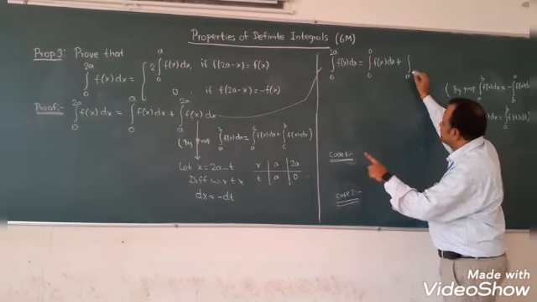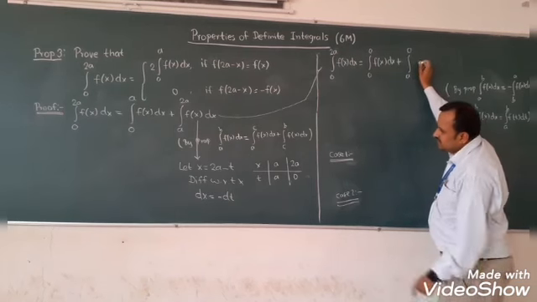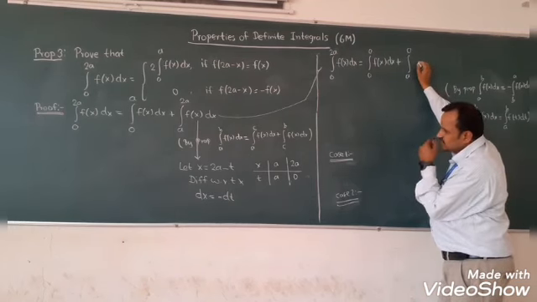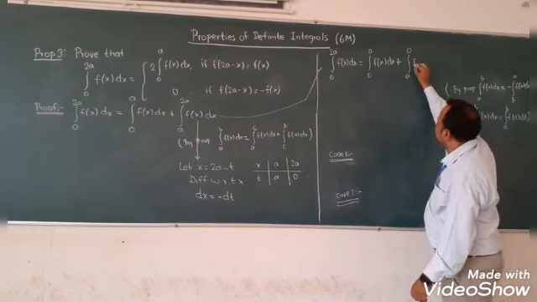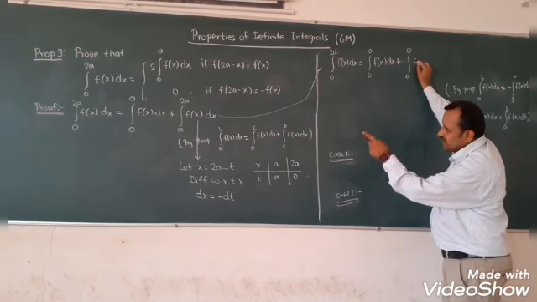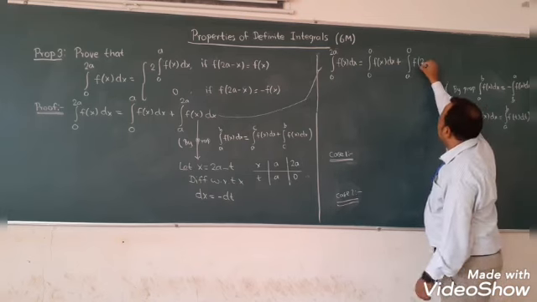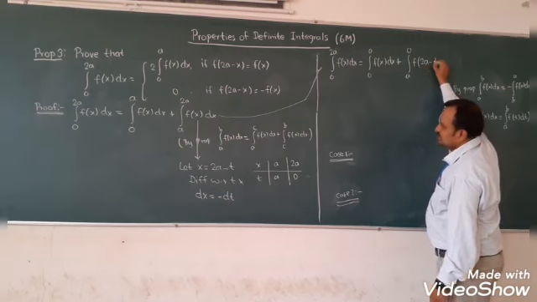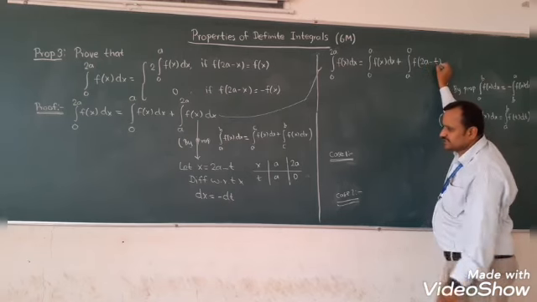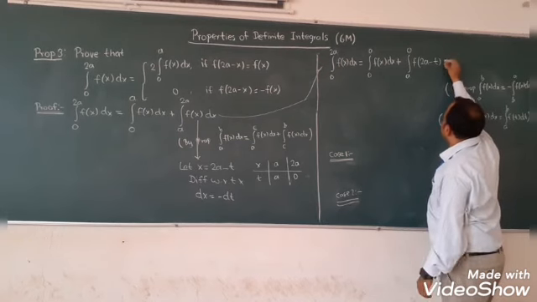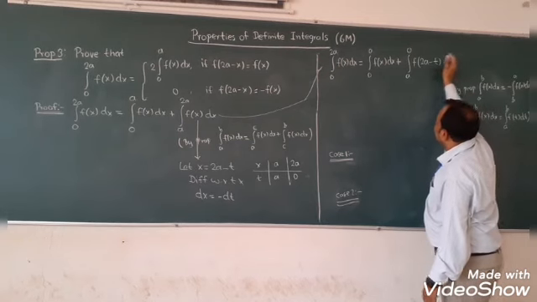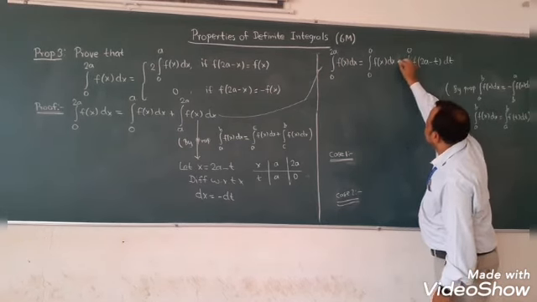Upper limit is 2a, that means 0 will come. Right? f of x. So what is f of x? So here I can say f of, what is x there? x is nothing but 2a minus t. dx is nothing but minus dt. So dt will come here, and here I can say this is nothing but minus.